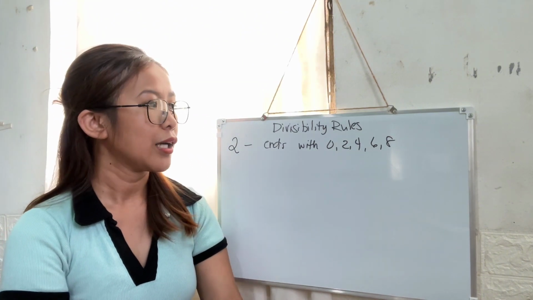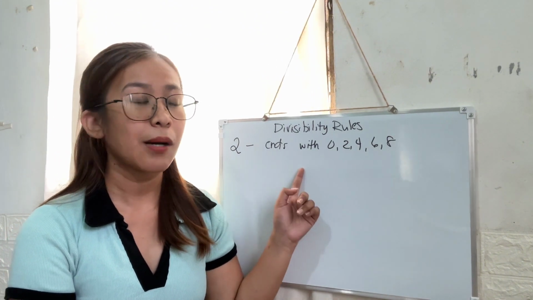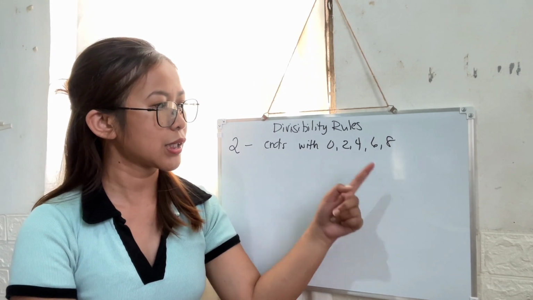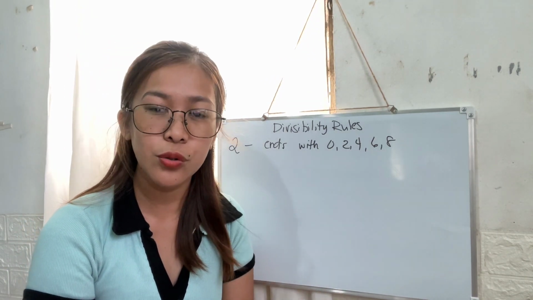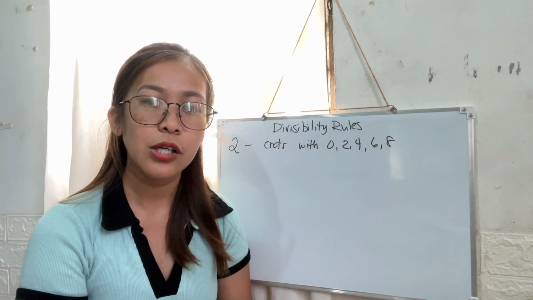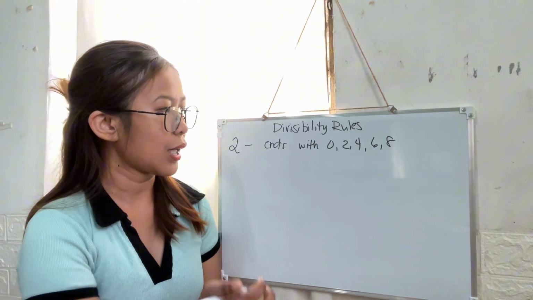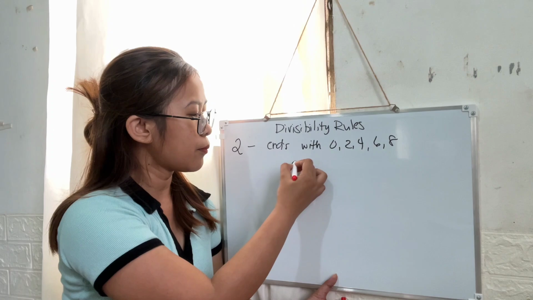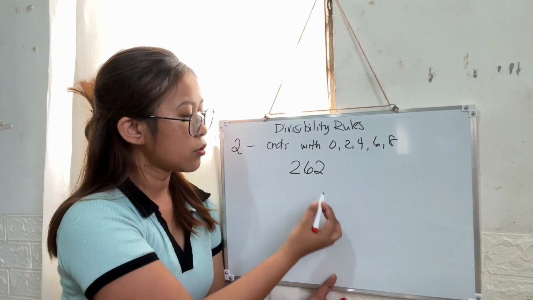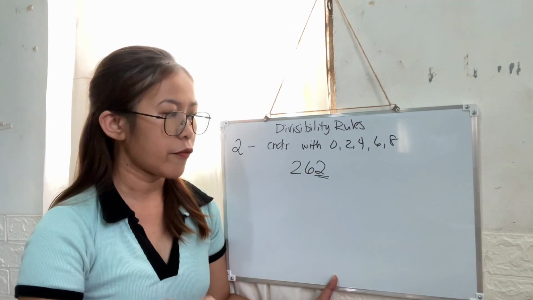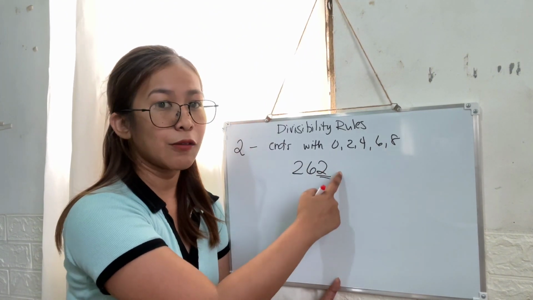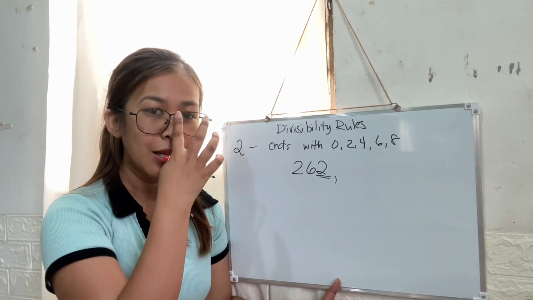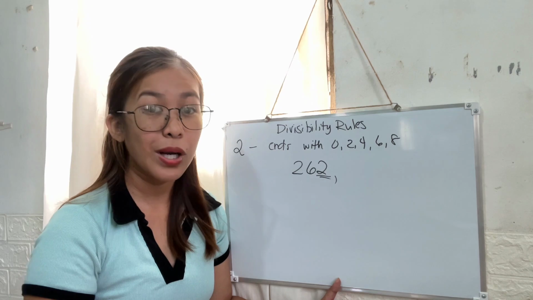That's what I mean. So, kung ang number daw ay nagtatapos sa 0, 2, 4, 6, 8, then that number is divisible by 2 even without you knowing or performing long division just to know. Okay? So, let's say for example, we have 262. So, 2 is an even number. Therefore, 262 is divisible by 2 or can be divided by 2. So, kahit pa i-calculator niyan, kapag dinivide niyan sa 2, wala yung remainder.